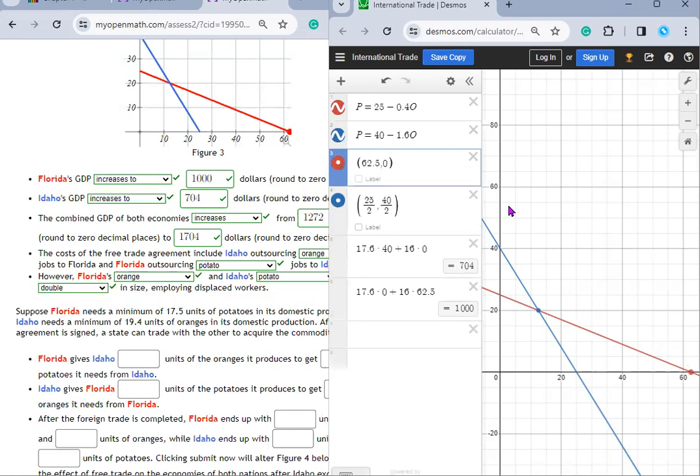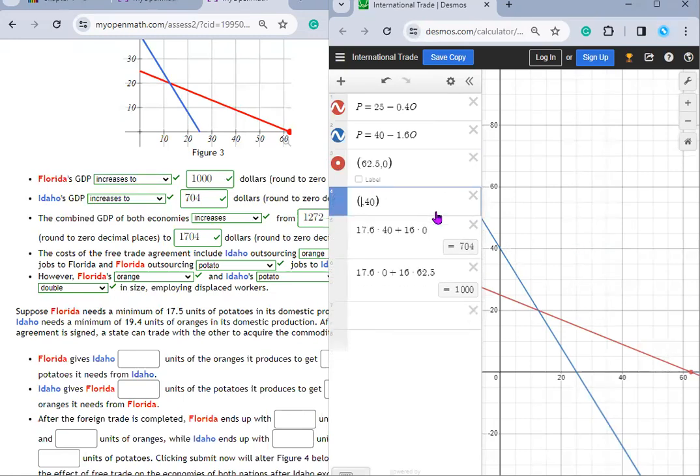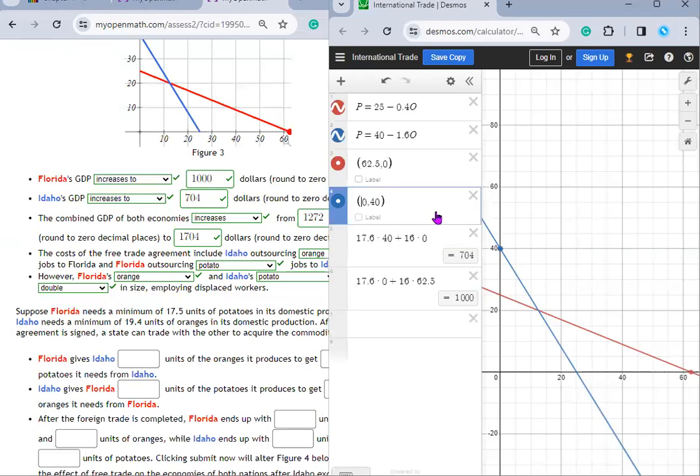This is what Florida production looks like when it focuses on its comparative advantage. And this is what it looks like in Idaho, right? So Idaho produces 0 oranges and produces 40 potatoes. Florida produces 62.5 oranges and 0 potatoes, right?